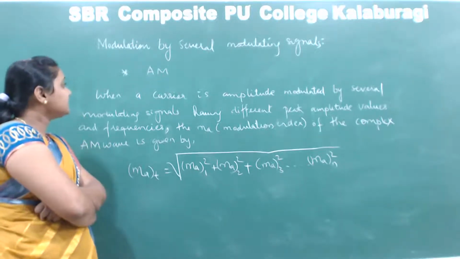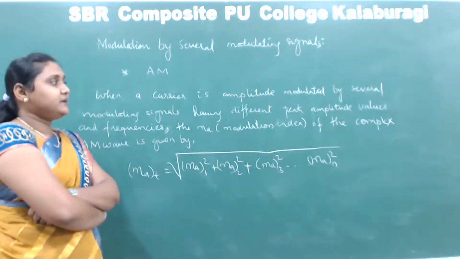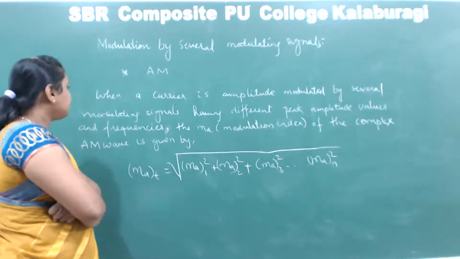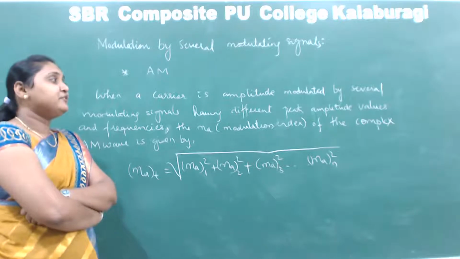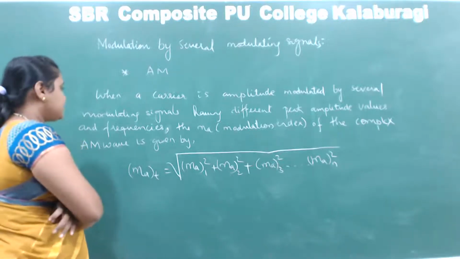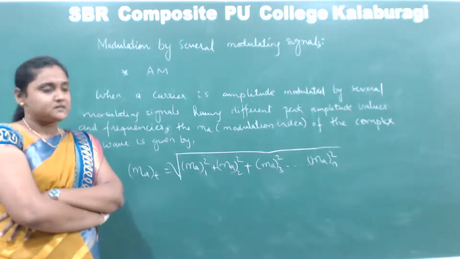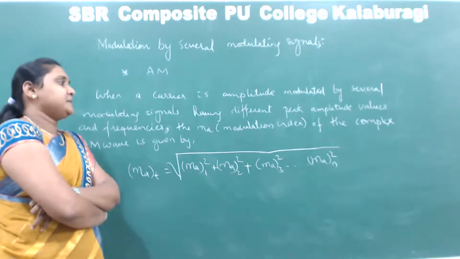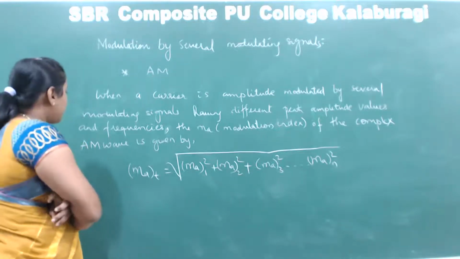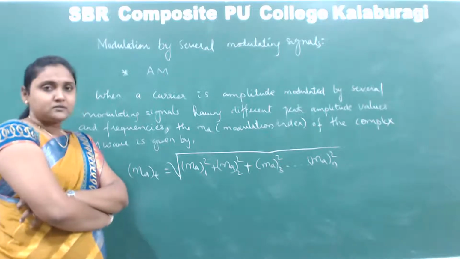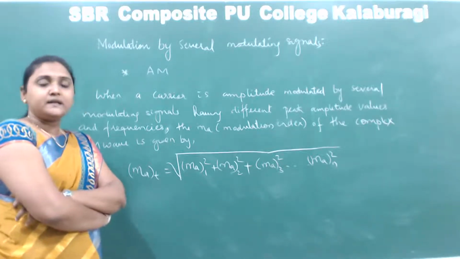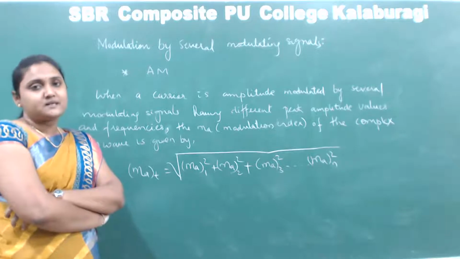So what they are saying is, when a carrier is amplitude modulated by several modulating signals, that means several information signals having different peak amplitude values and different frequencies, of course, the modulation index of such a complex AM wave is given by the root of the sum of individual MA squares.